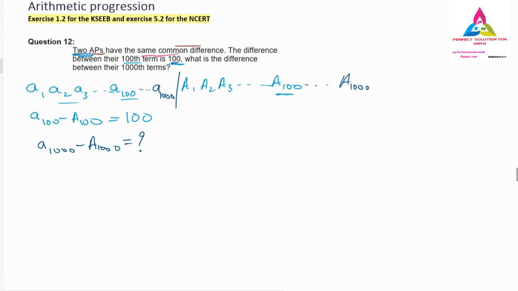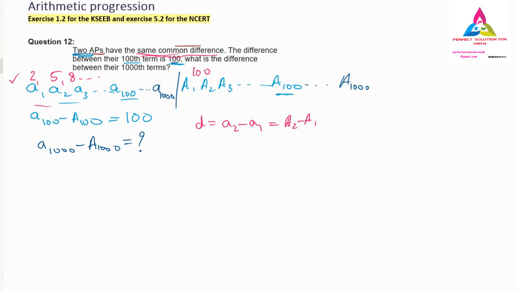If you see clearly, both the APs have the same common difference. That means in the first AP, a2 minus a1 is equal to capital A2 minus capital A1. For example, if the first AP is 2, 5, 8 and so on, and the second AP has first number 100, what will the second term be?